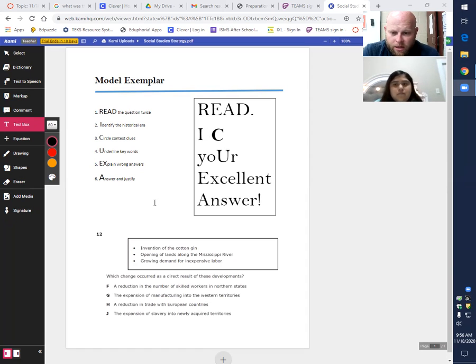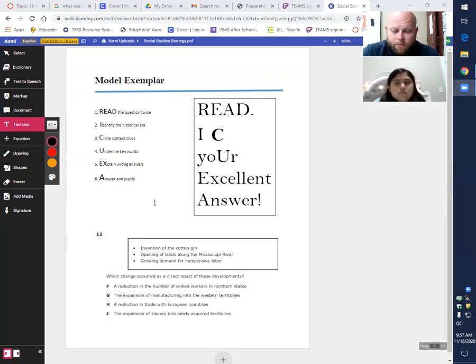Which change occurred as a direct result of these developments? F, a reduction in the number of skilled workers in northern states. G, the expansion of manufacturing into Western territories. H, a reduction in trade with European countries. Or J, the expansion of slavery into newly acquired territories.